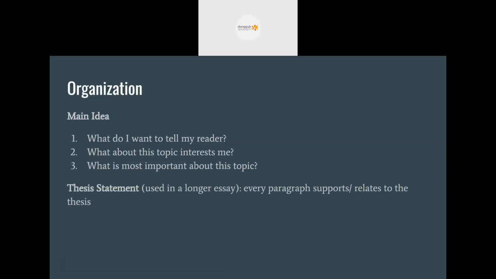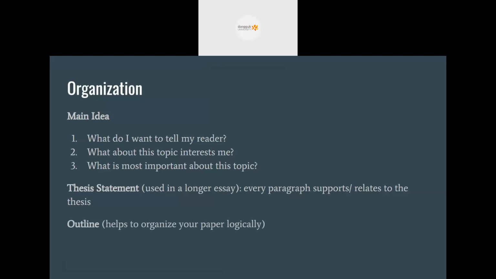But if you have an essay or a project, like in your first paragraph, you should have your thesis statement, and that's pretty much your main idea, like what you want to write about in your essay, and then every paragraph has to support your thesis statement or relate to it. And I will show you guys an example, of course.